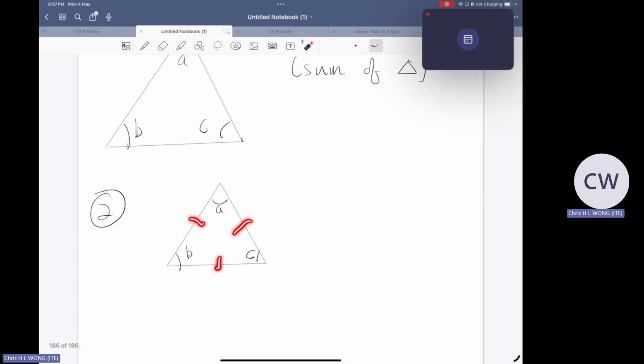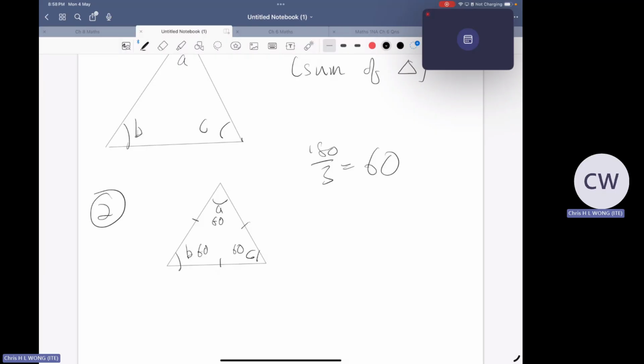When they are all equal, I have 180. One angle how many? You divide by 3, right? 180 divided by 3 will give you 60. So if they are equal, this must be 60, 60, 60.